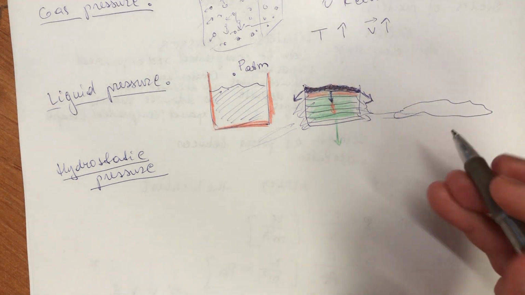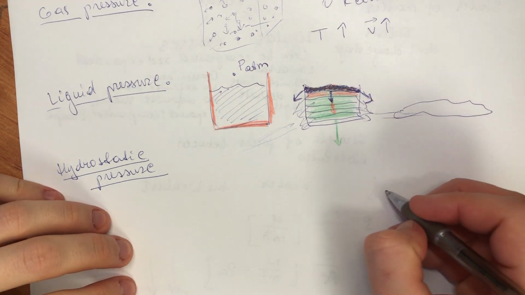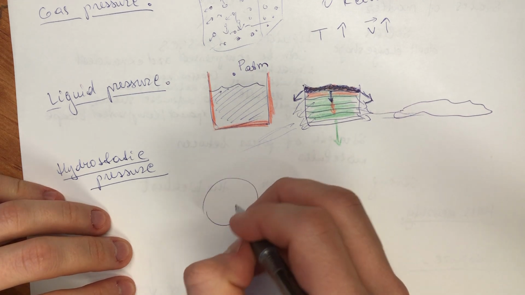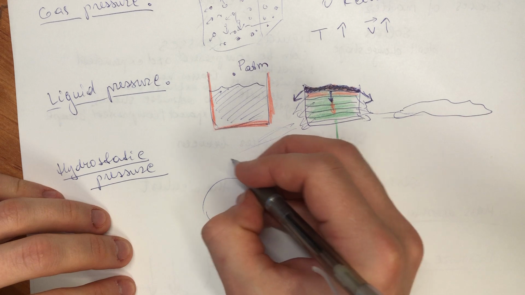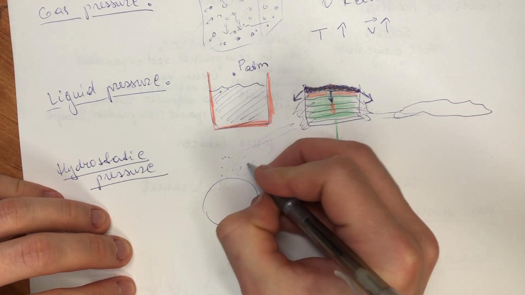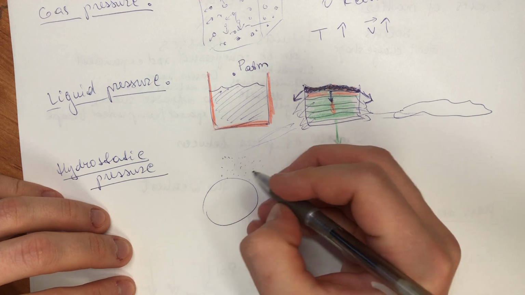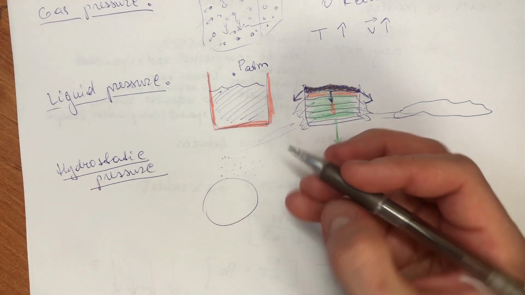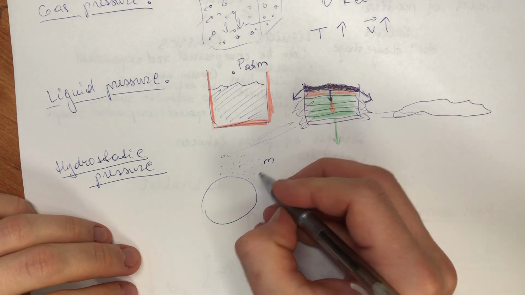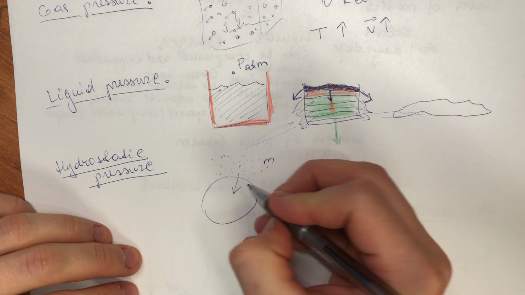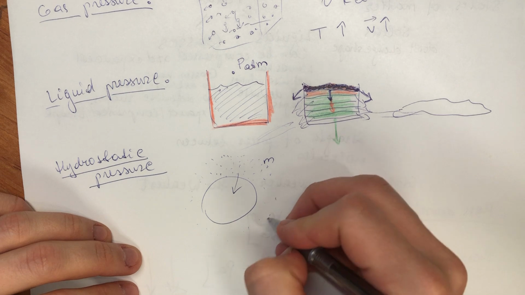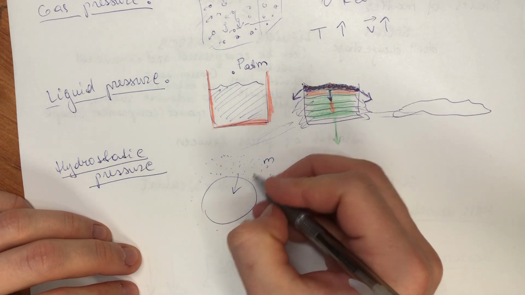Earth's atmosphere is attracted. You have gases everywhere, and this is the atmosphere. Earth's atmosphere has a mass, and gravity attracts this atmosphere everywhere. Atmosphere is everywhere around the Earth, so gravity attracts this mass.